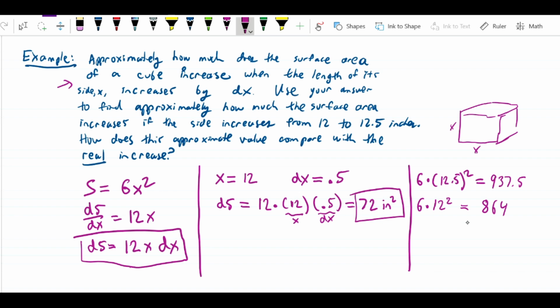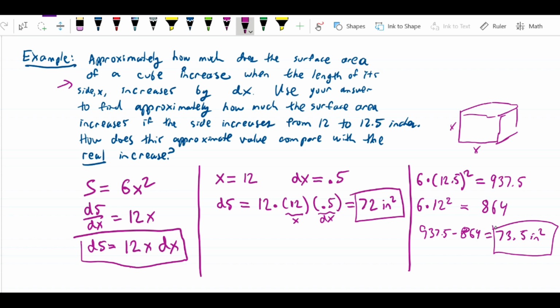So the first number is the actual surface area at a side of length 12.5. 864 is then the actual surface area when the side is 12. The difference between these is 937.5 minus 864, which is equal to 73.5 square inches. So that's the actual amount that we increase the surface area by. And as you can see, the estimate is pretty close. It's not exactly right, but it's quite close.